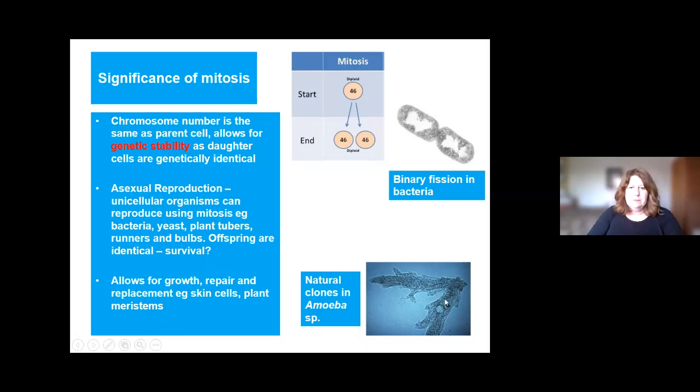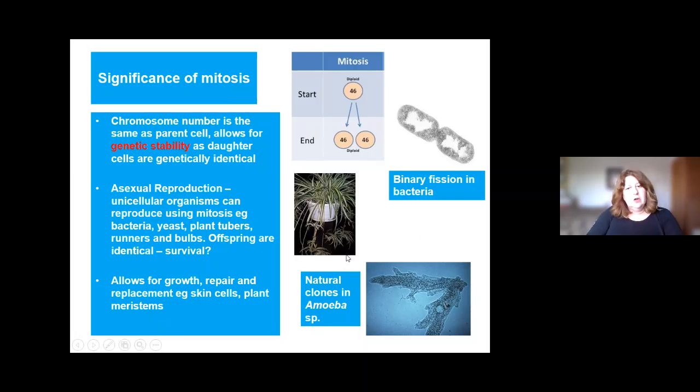Okay, but don't forget that even though plants can reproduce sexually, there are times when, in order to survive, maybe the conditions are not suitable for sexual reproduction, and they'll produce clones of themselves in asexual reproduction. We've got a spider plant here, called Tradescantia.